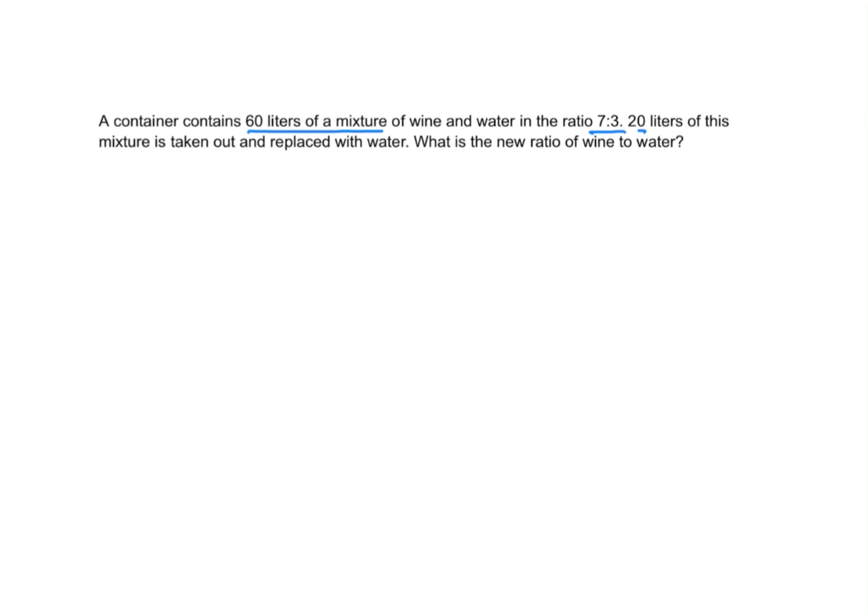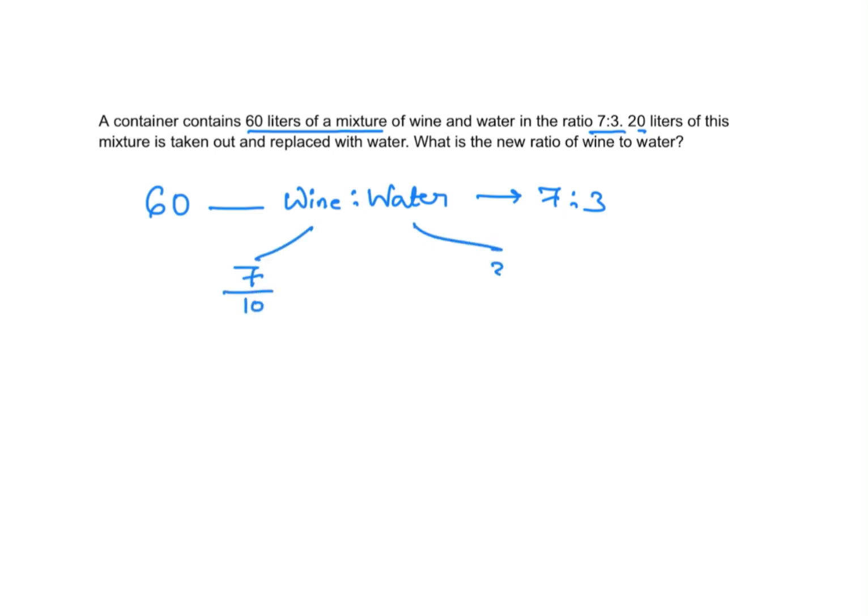Now in the 60 liters we have water and wine, and it's in the ratio of 7 to 3. So wine will be 7 by 10 and water will be 3 by 10.